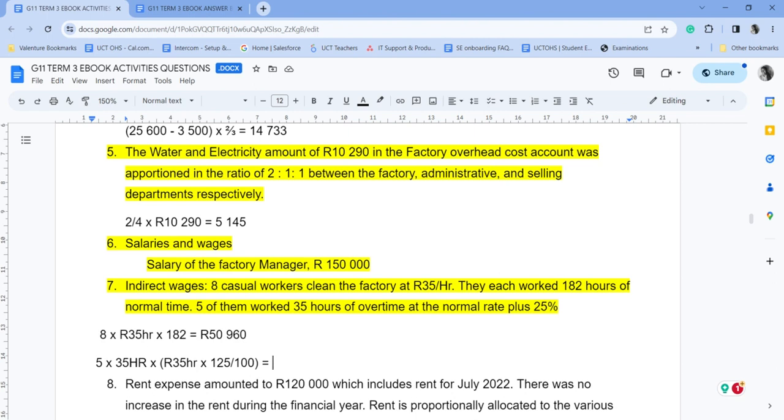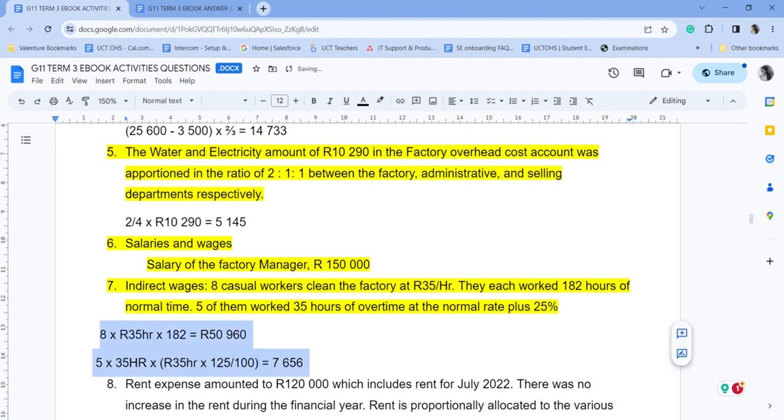So 35 rand times 1.25 times 5 times 35. It's the same answer. So I'm getting 7,656 rand 25 cents, obviously, but that has nothing to do with our workings.